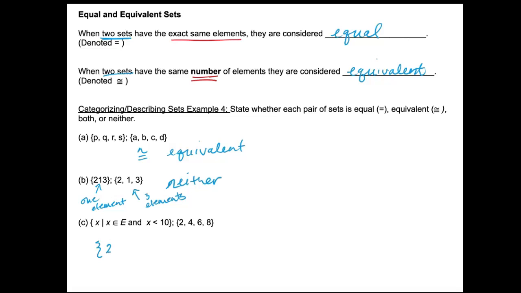So that would be 2, 4, 6, and then 8, because E would be 2, 4, 6, 8. Those go on forever and ever, but I only want the even natural numbers that are less than 10. So I just look at the 2, 4, 6, 8. So that's what that set builder notation is describing. And then I'm comparing it to 2, 4, 6, 8. Well, those are the same sets. So I would say these are equal.